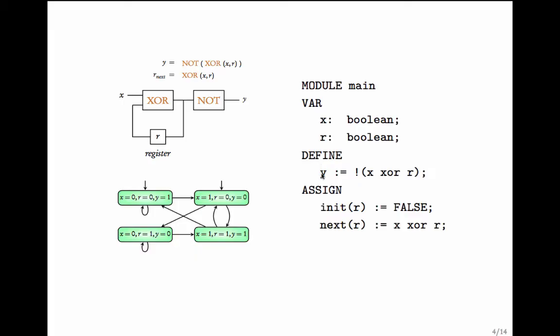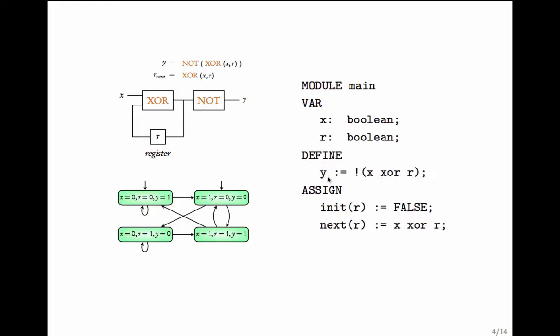This says that the value of Y would depend on the current value of X and R as follows. It is given as not of X XOR R. We do not have to separately declare the variable Y in the var block. We can directly write Y to be not of X XOR R.